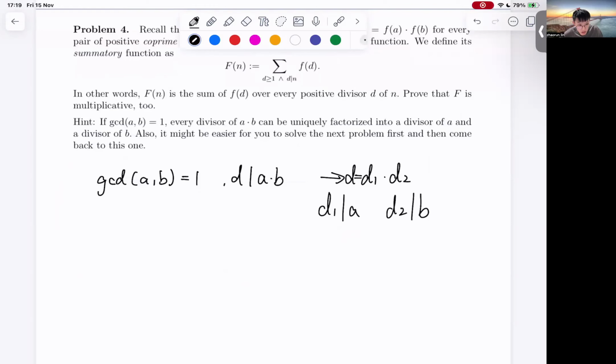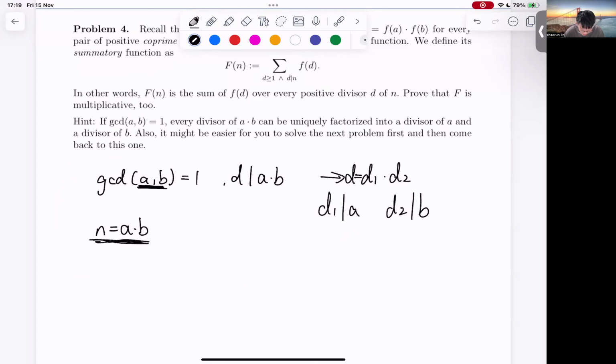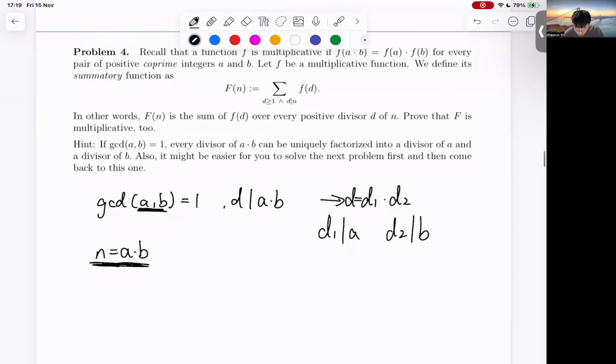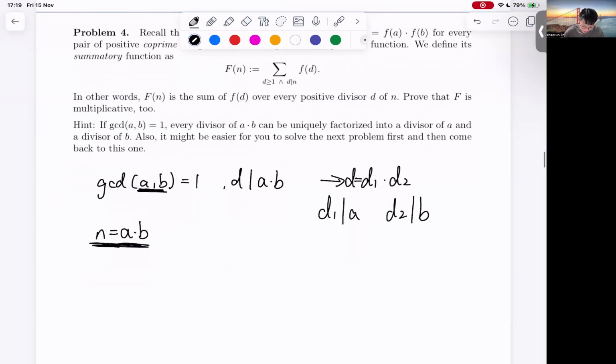So if we consider n equal to a times b, oh, by the way, this a and b should be co-prime. So we could actually factorize every positive number n into co-prime numbers a and b. Basically, we could just set one of the elements to be 1, and then the other to be n.